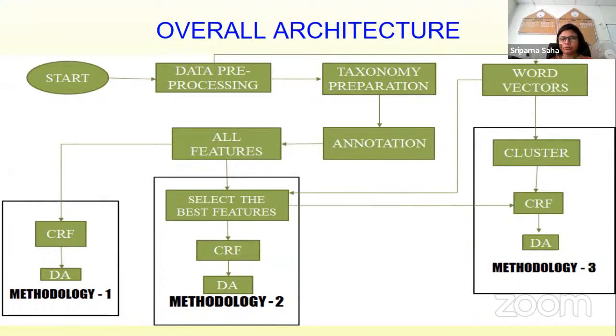So it's very difficult to deal with these 42 different categories. That's why we created our own taxonomy where these 42 categories are merged into 5 coarse grain categories.